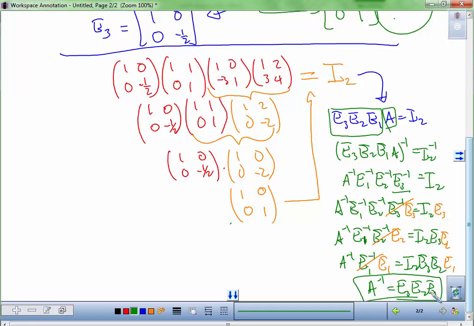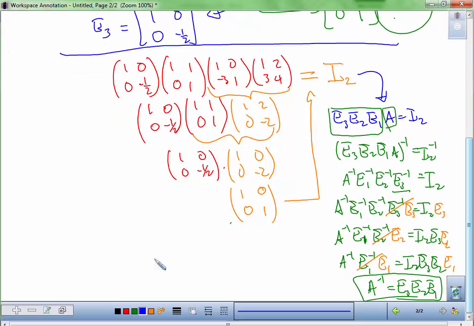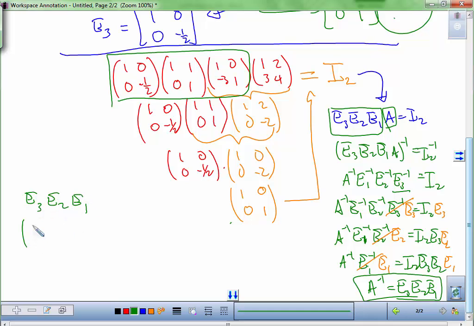So to find our answer for the inverse of our original problem, we can simply take E3 times E2 times E1, which is 1, 0, 0, negative a half, 1, 0, 0, oops, this is 1, 1, 0, 1, and 1, 0, minus 3, 1.